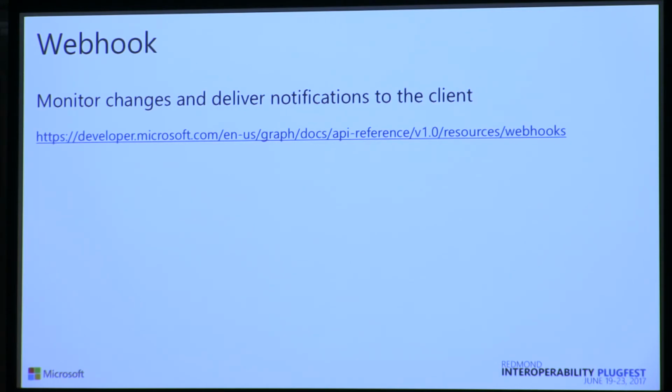But with a webhook, once you create it, it will notify you if a new email comes in or some other things change. So that's when you need to use a webhook. It basically monitors the changes and delivers the notification to you.